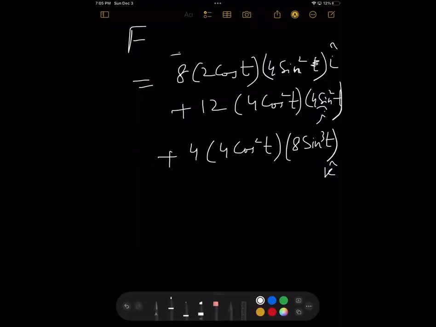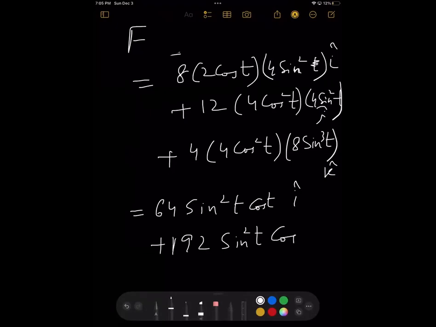Let me simplify: 64 sine square t cos t, i unit vector, plus 192 sine square t cos square t, j unit vector, plus 128 sine cube t cos square t, k unit vector.